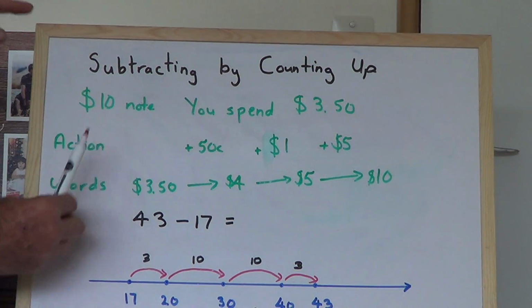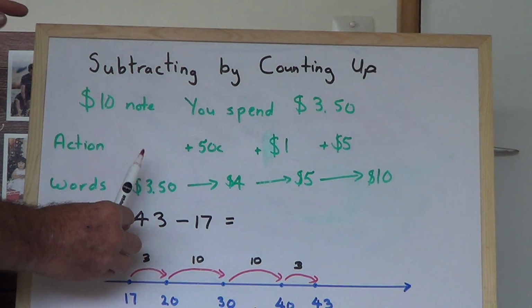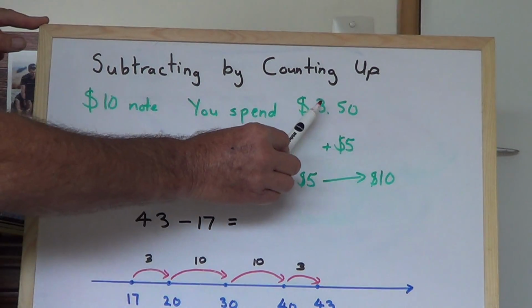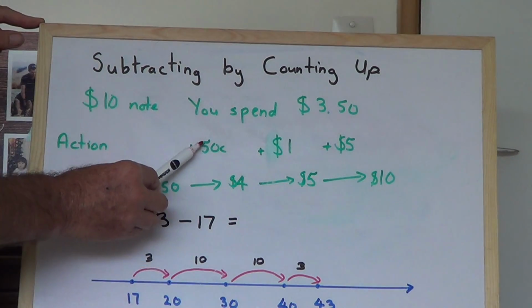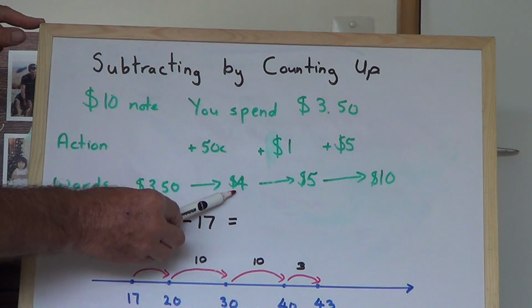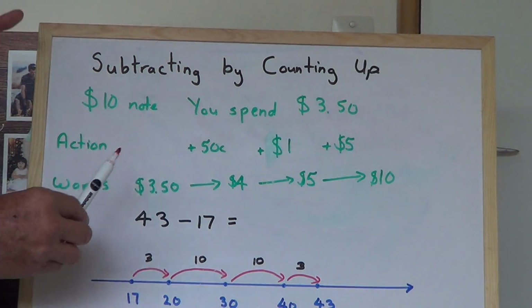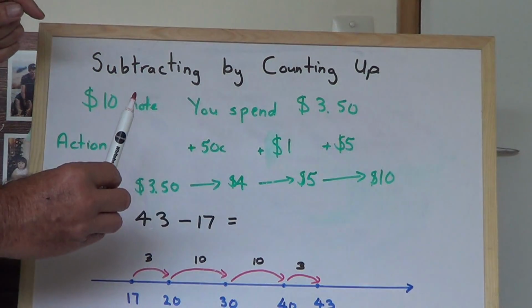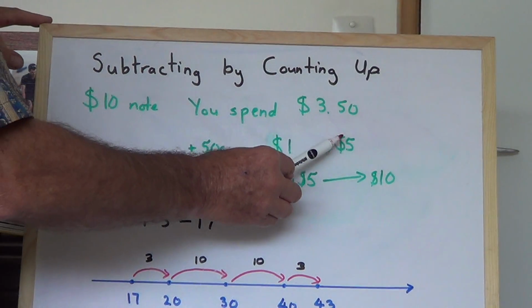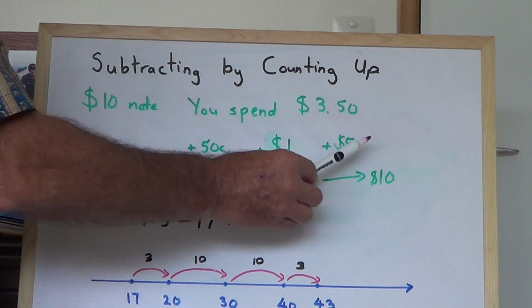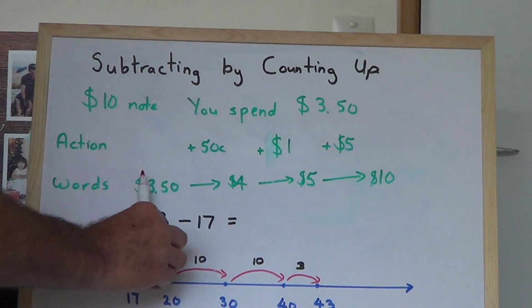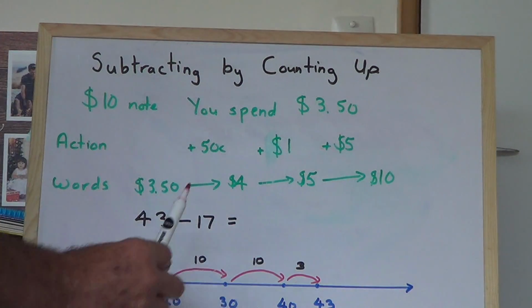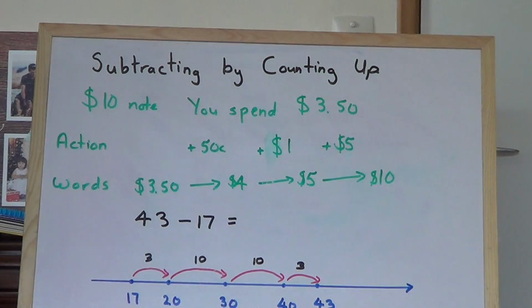The shopkeeper would say to you, $3.50, which is what you would spend. Then he would give you a 50-cent piece and then say $4. Then he would give you a dollar coin and say $5. Then he'd give you a $5 note and say $10. So he counted up from $3.50 to $10, and there's a change, which is $6.50.